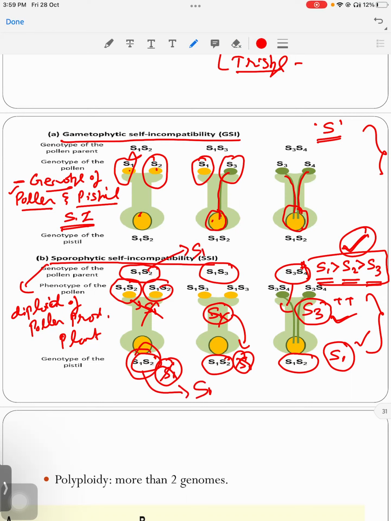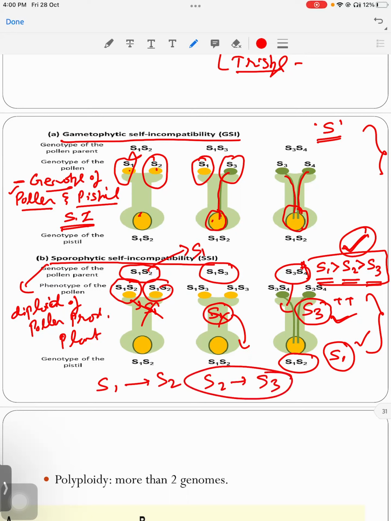So if S1 and S2 come together, then the cross will not happen. Cross will happen when S1 combines with S2 or S2 combines with S3. So it should be different. But S2, S2 or S1, S1, that will not happen. Cross will not happen. That is the crux.